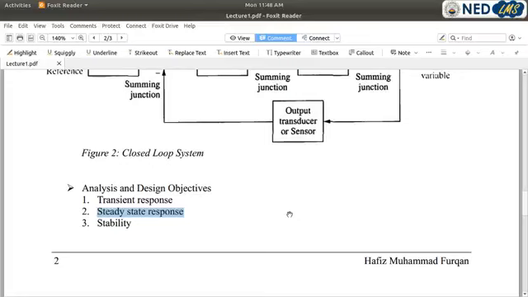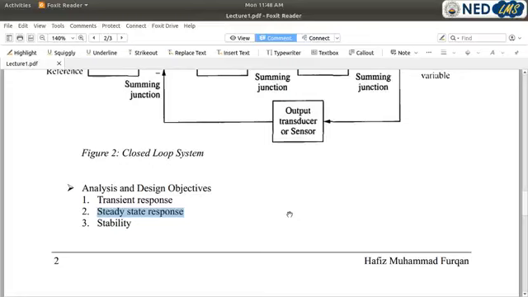In this course, we define the steady-state error quantitatively. We'll analyze the system's steady-state error, and then we will design corrective actions to reduce the steady-state error. The next analysis and design objective is the stability.